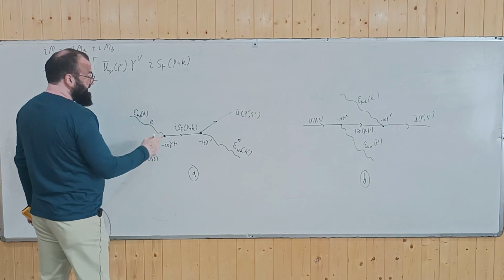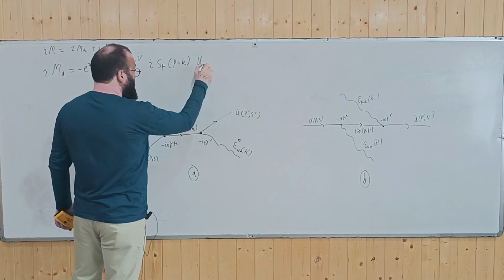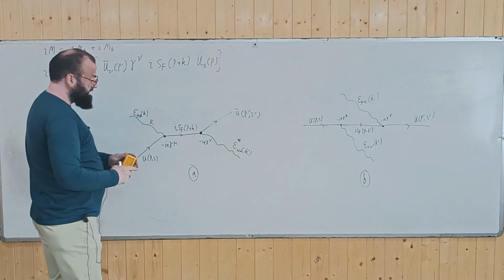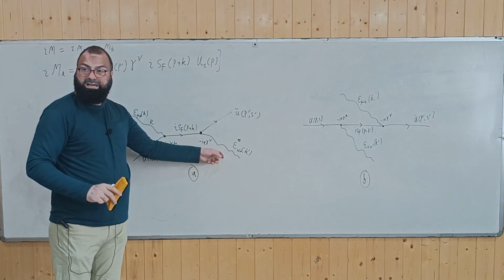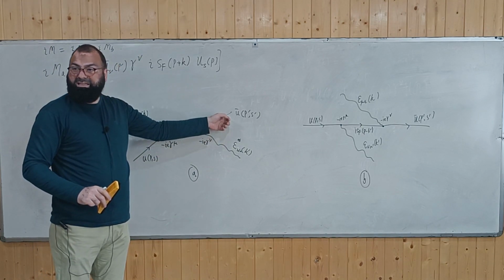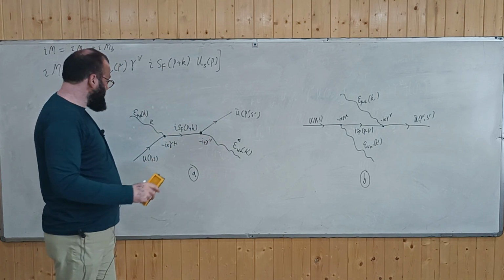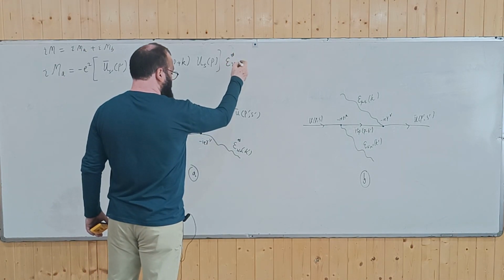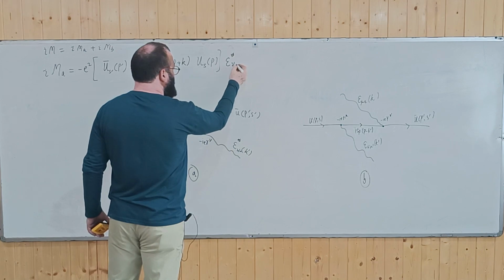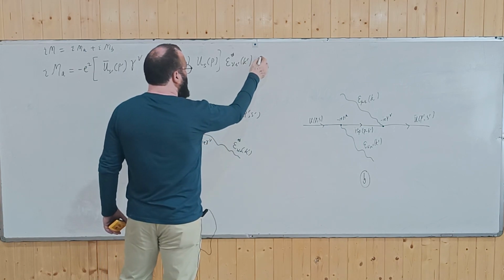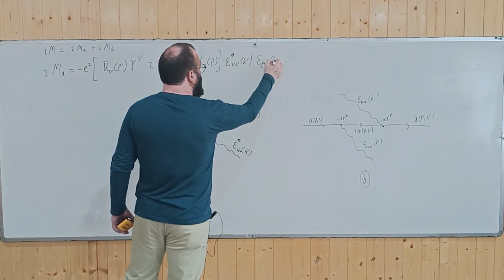Then you have u(p, s). Now there are factors for the photons, and photon variables commute with these variables, so you can put them at the end. So it is epsilon star nu (r', k'), and then you have epsilon mu (r, k).